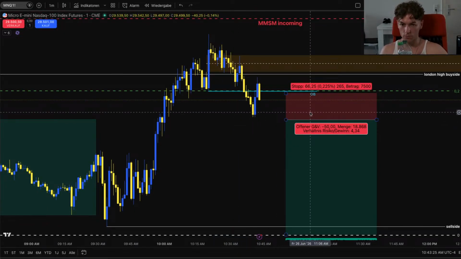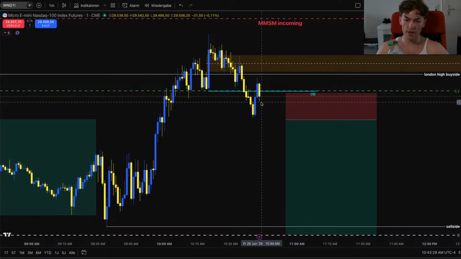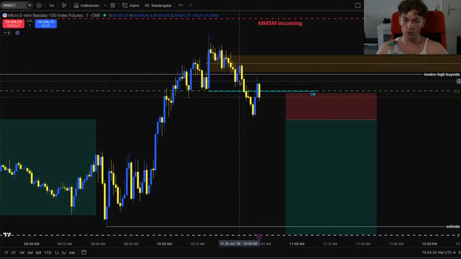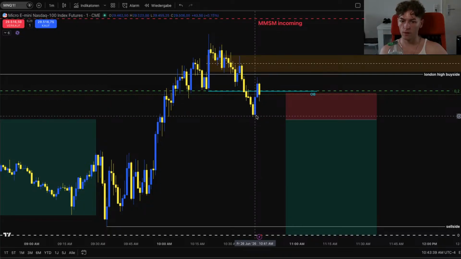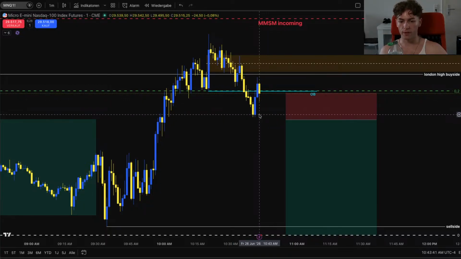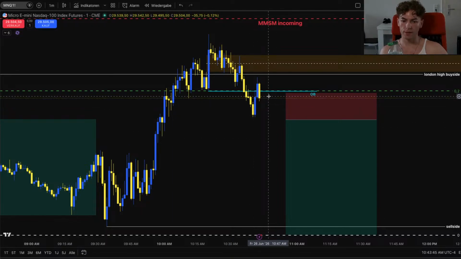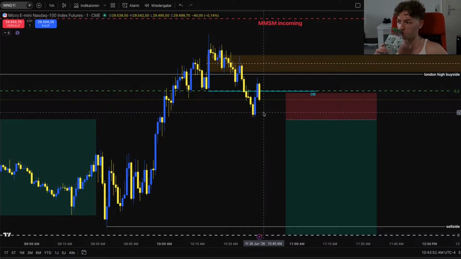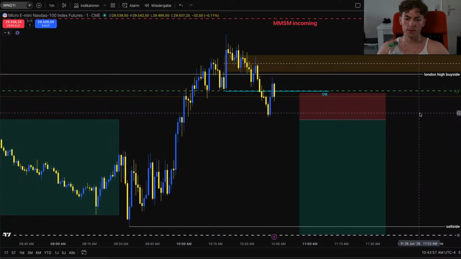Oh, okay. First stage distribution looks beautiful. Nice reaction off of an order block and another order block in here. So now we want to see price fold over, form a fair value gap.